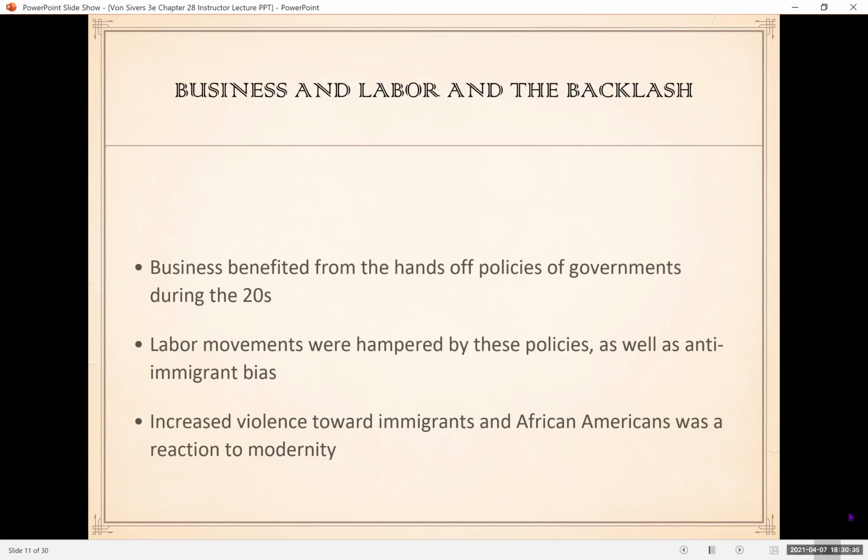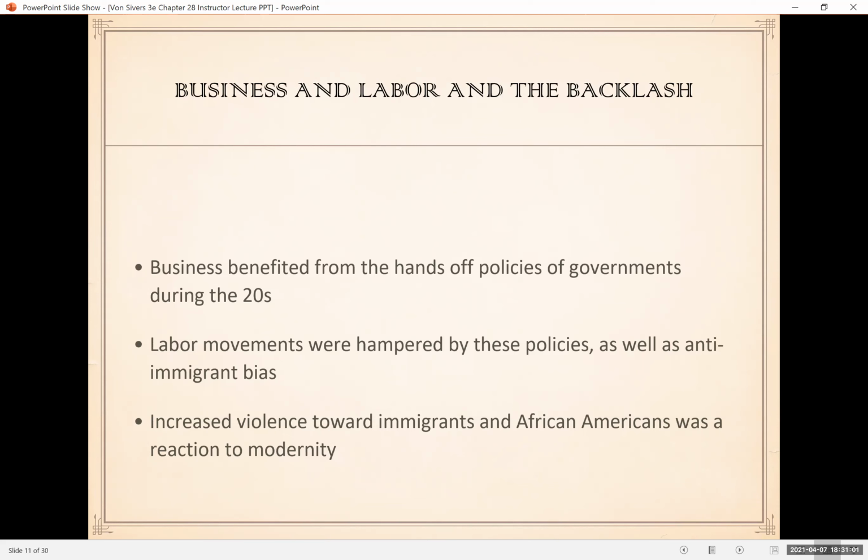In fact, the governments will not be supporting a lot of the labor movements because they do not want to be seen as Bolshevik. And I'll explain that. Also, there will be a lot of anti-immigration bias, especially against Jews.